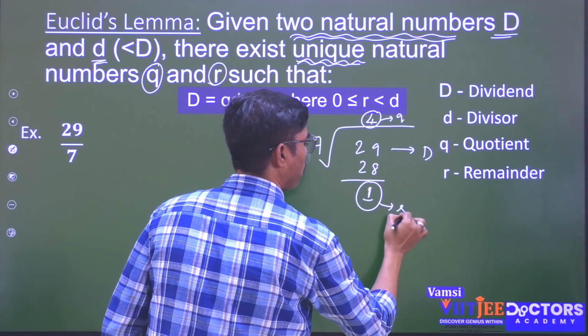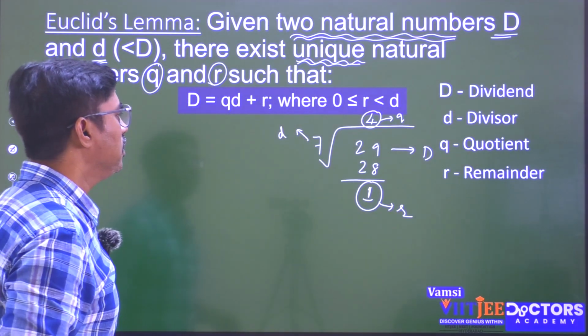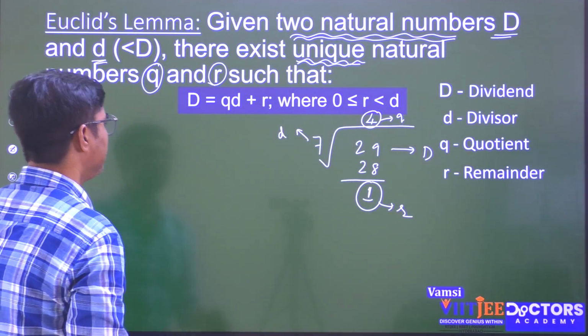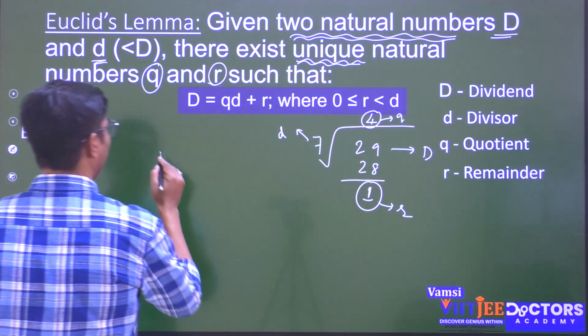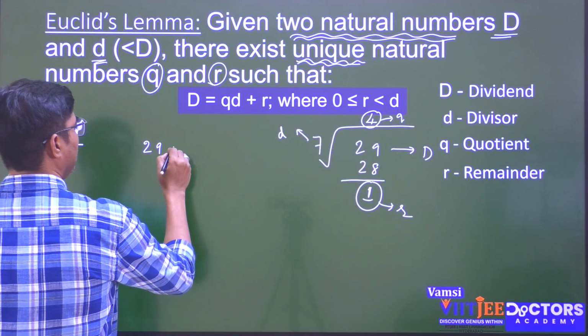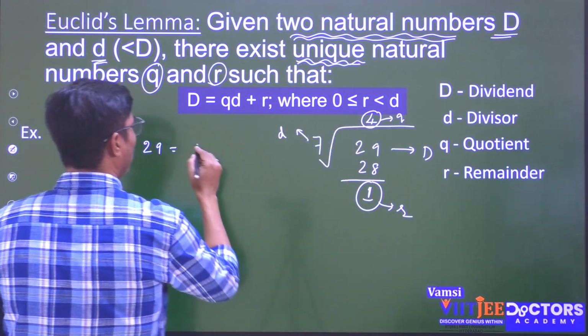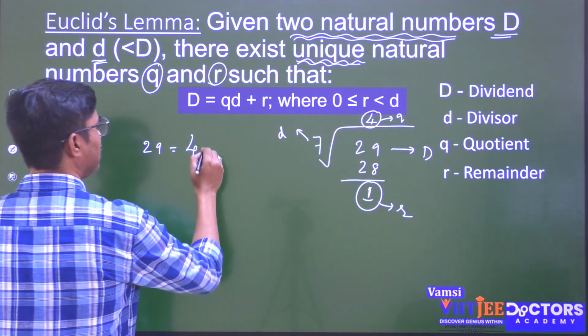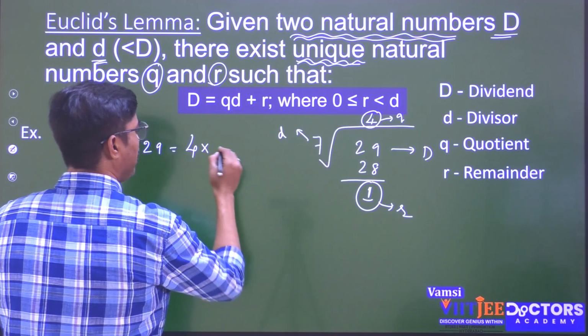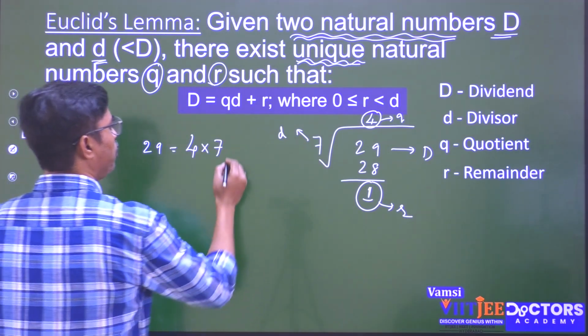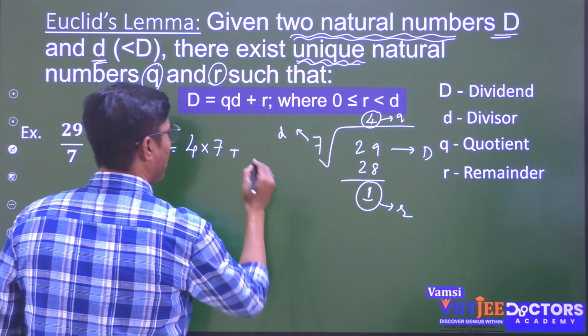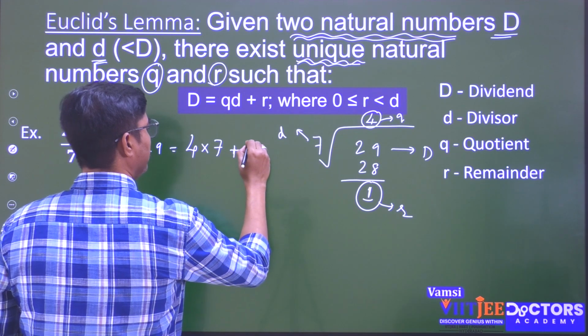This is the smaller remainder. So what this equation says is that capital D, which is 29, the dividend, is equal to q, the quotient, 4 times the divisor, small d, which is 7 here, plus the remainder, that last number that you get at the end.